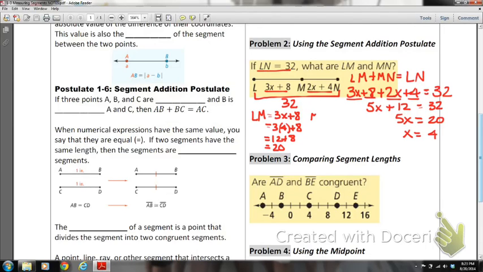The length of MN in the diagram is 2x plus 4. Substitute the 4 for the x. 2 times 4 plus 4 is 8 plus 4, which is 12. And that checks out because if you add those two together, 20 plus 12 is 32, and 32 is the length of the longer segment, the LN, the whole segment.